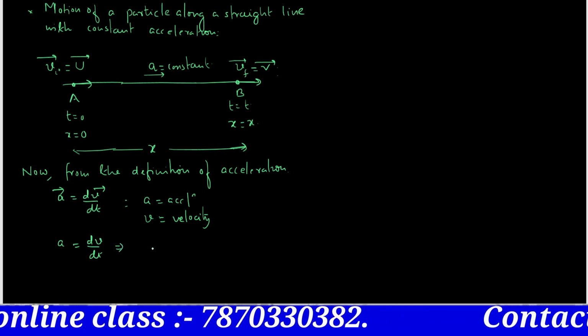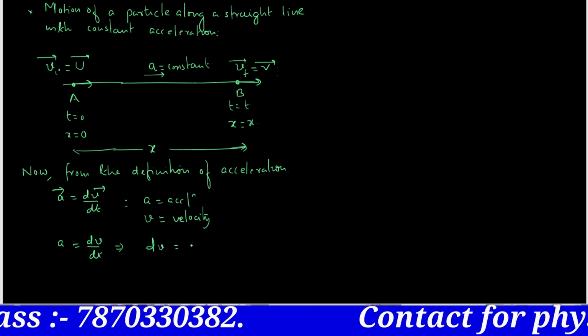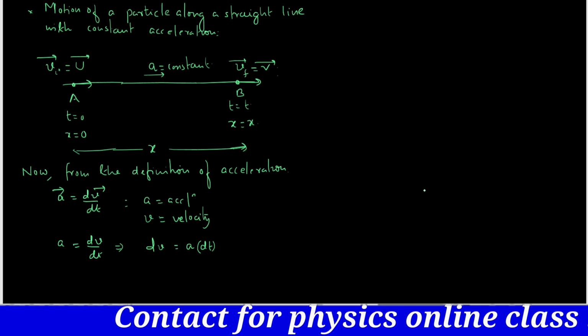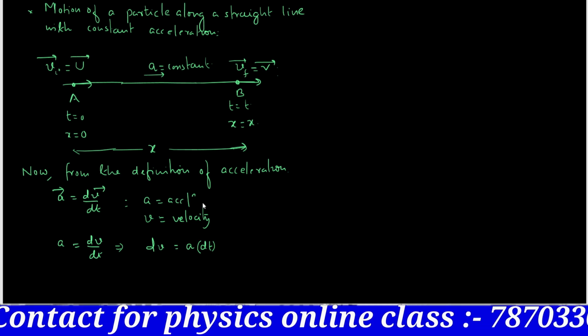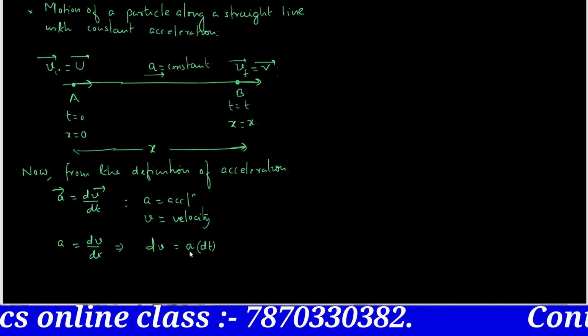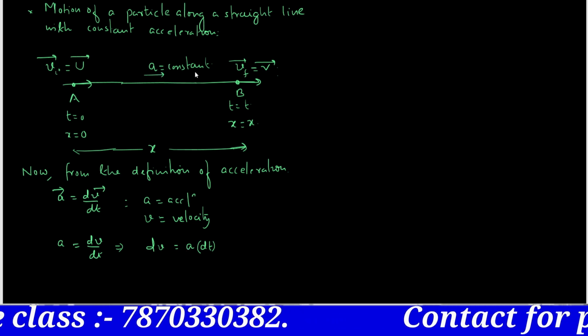Now you can write this as dv equals a dt. Any problem? No. Here a is acceleration and this is a constant quantity.